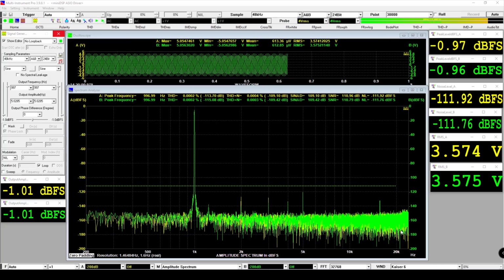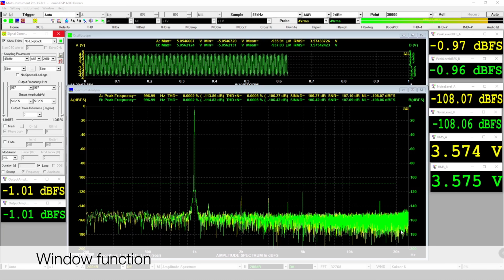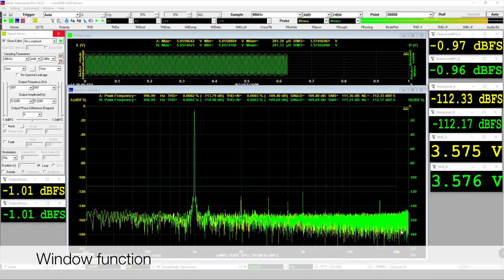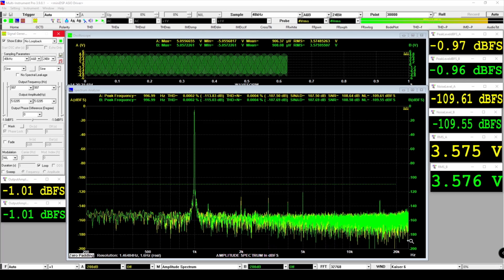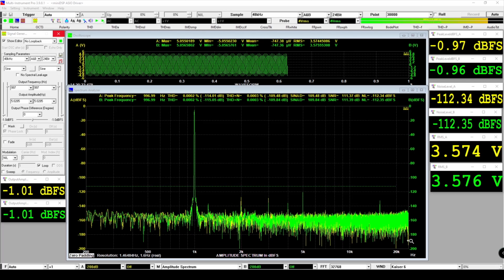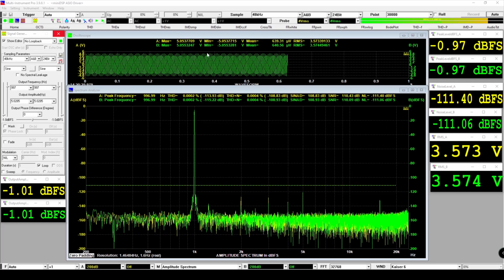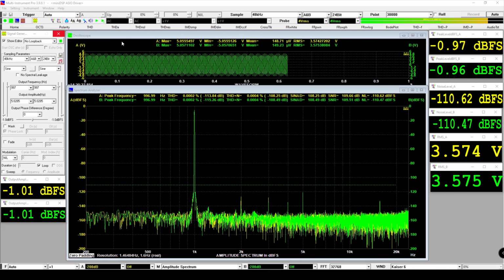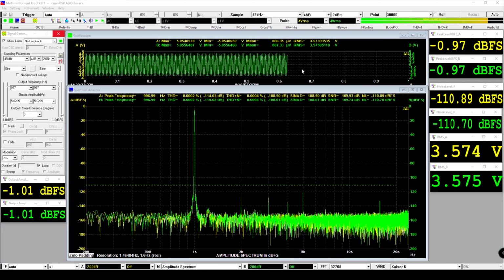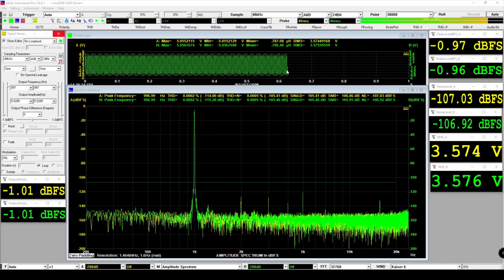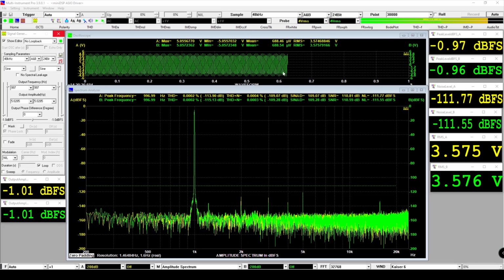Another important concept is the window function. It's a complex topic and I'm also not an expert in it, but here I'm just going to show what it does and what it means. As we said about the acquisition already, the FFT is calculated for a fixed block of signal. Here it's 32,000 samples, around 0.6 seconds.